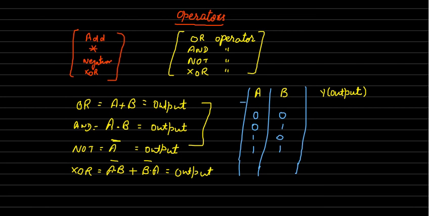Now for the output we need to do some calculations. In the first one we have 0 bar multiplied by 1 plus 1 bar multiplied by 0. So 0 bar becomes 1, dot 1, plus 0 dot 0. 1 plus 0 means our answer is 1.